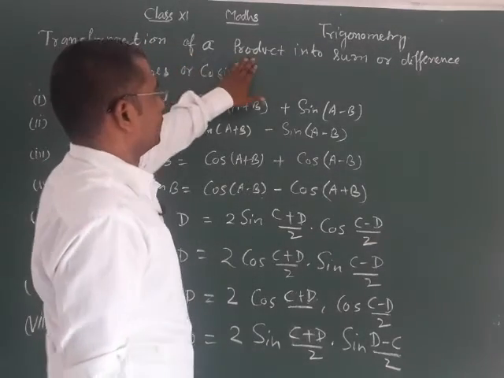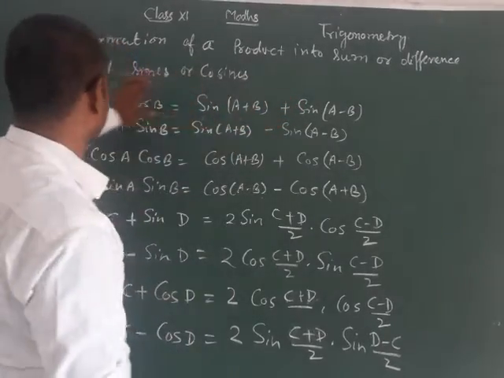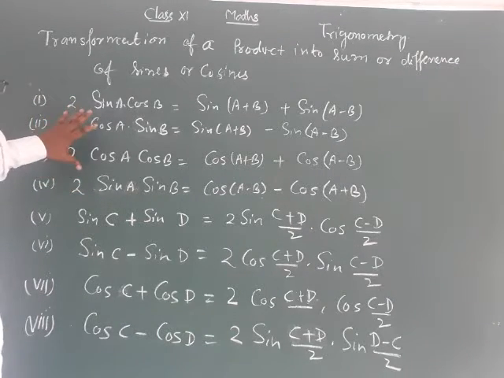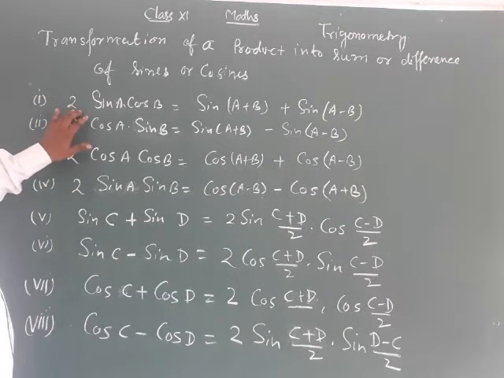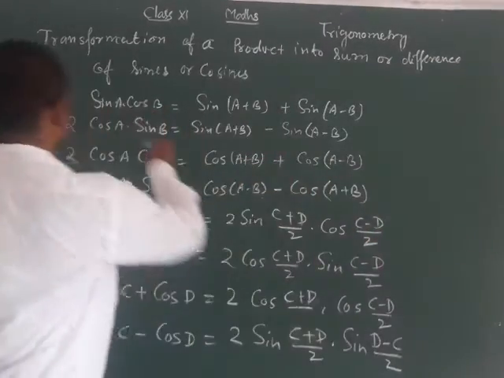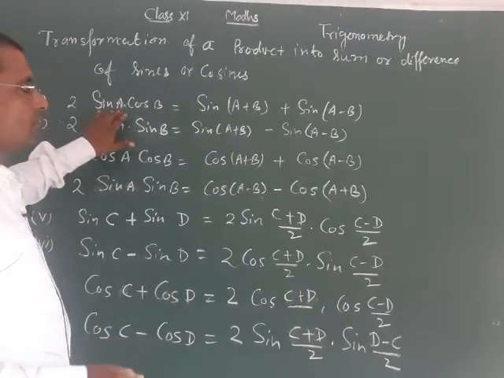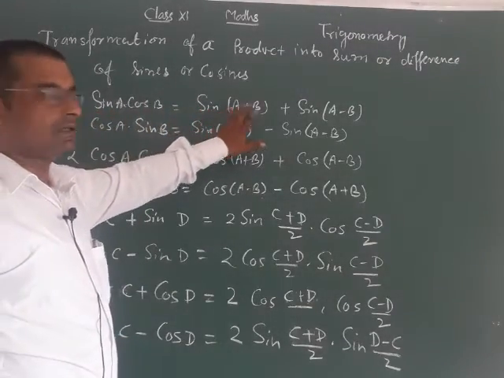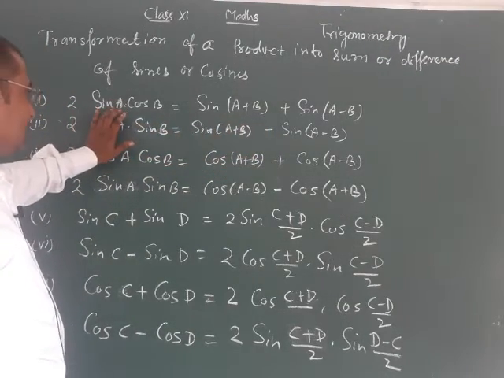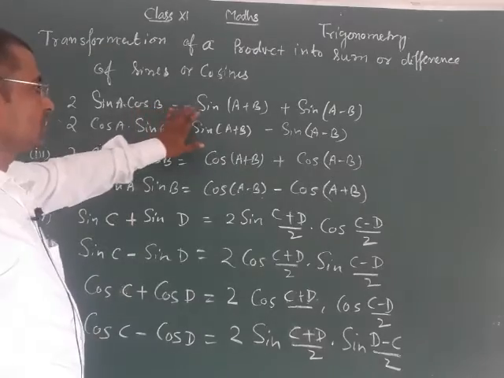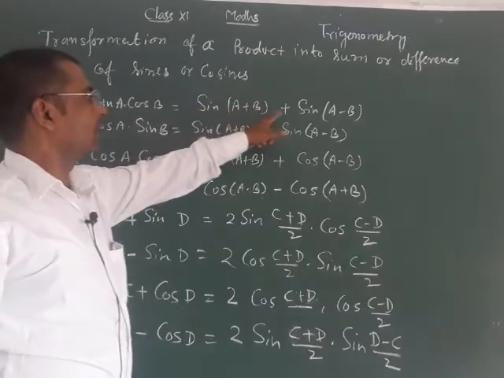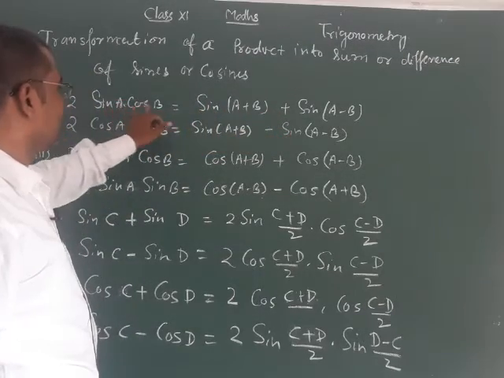Transformation of a product into sum or difference of sine or cosine. First formula, 2 sin A into cos B is equal to sin(A plus B) plus sin(A minus B).